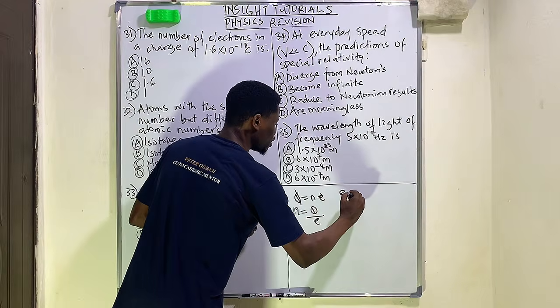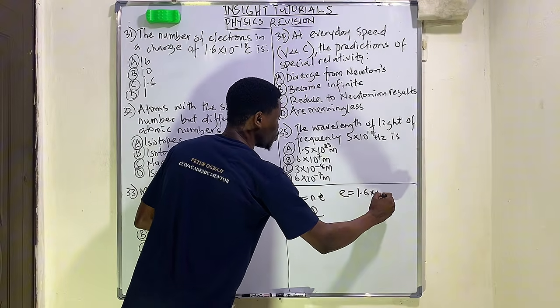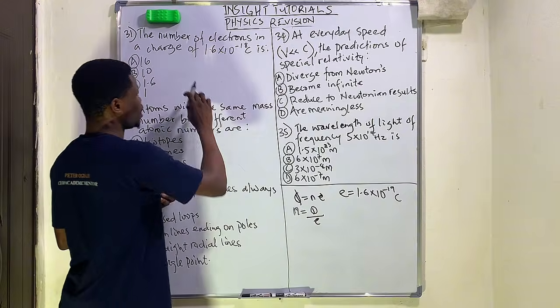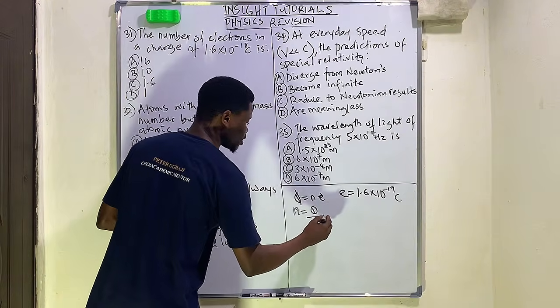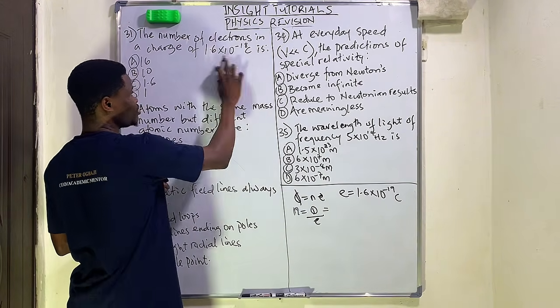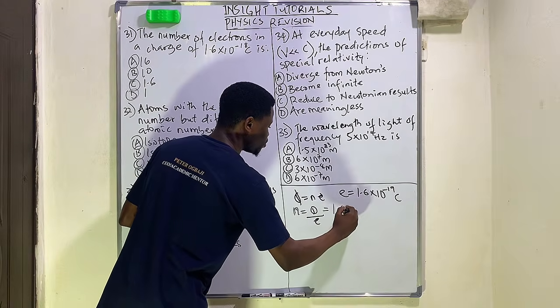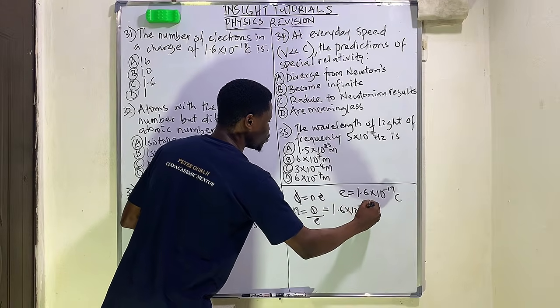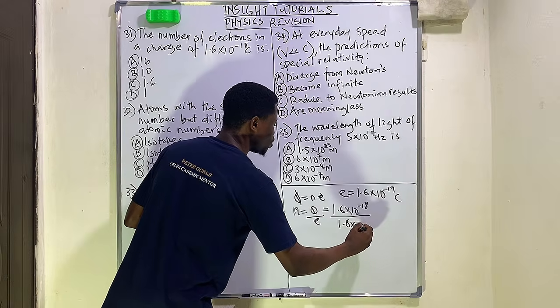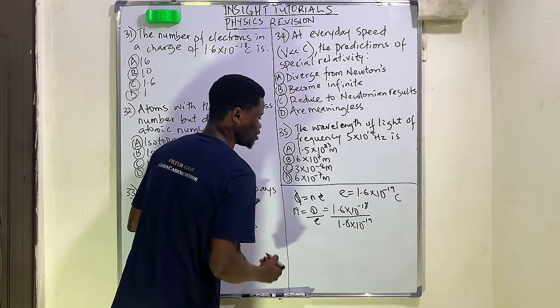The elementary charge e is a constant, 1.6 times 10 to the power of minus 19 coulomb. So n is this given charge, 1.6 times 10 to the power of minus 18, over 1.6 times 10 to the power of minus 19.